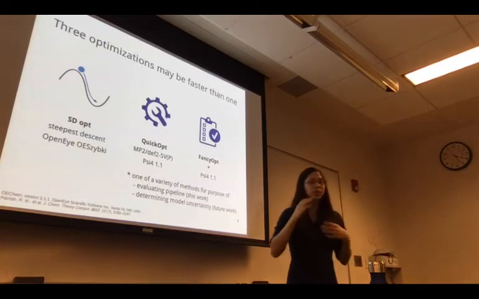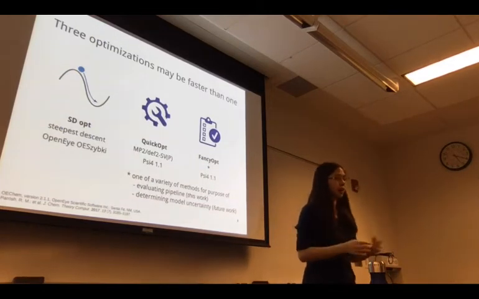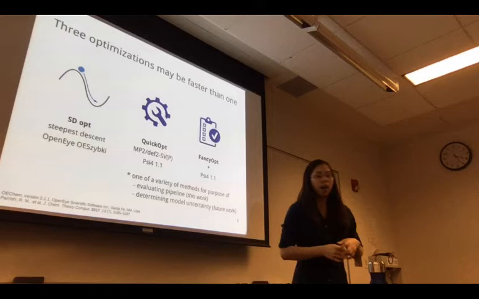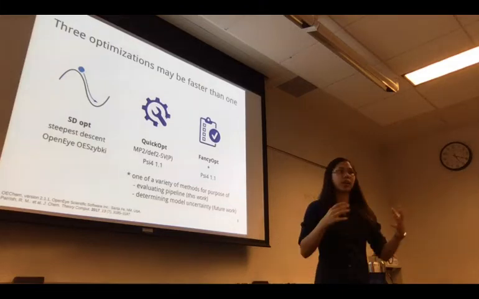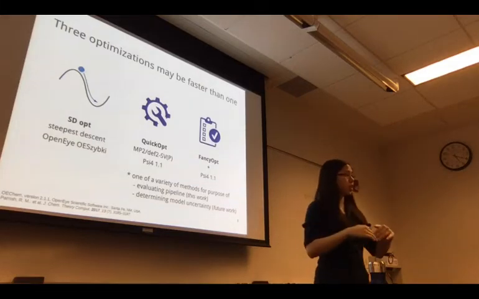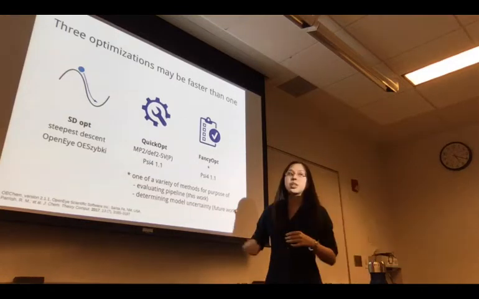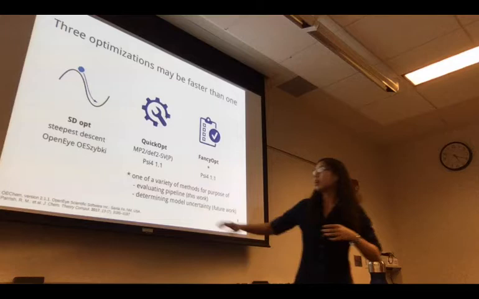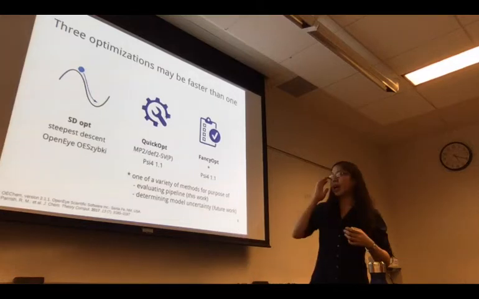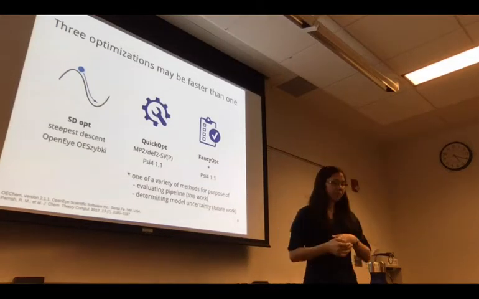So here I showed three optimizations in this pipeline. With the steepest descent, as I already described, we just want to get closer to the minimum. For the second one, in this case, we're using MP2 with a relatively small basis set, and this is all done in Psi4 version 1.1.